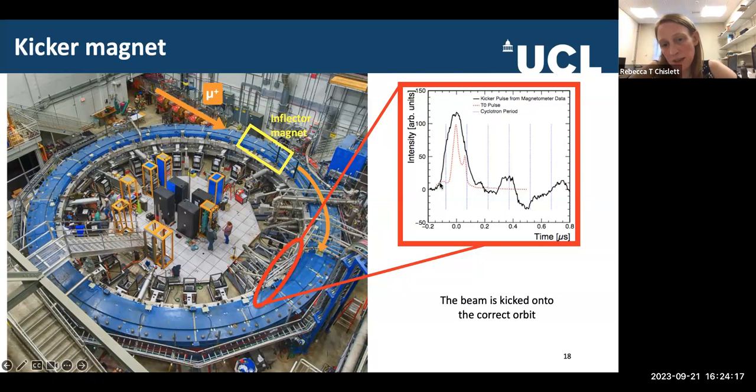The kickers are designed to have a pulse that lasts over the muons that are injected, but has turned off by the time they come around again about 150 nanoseconds later.